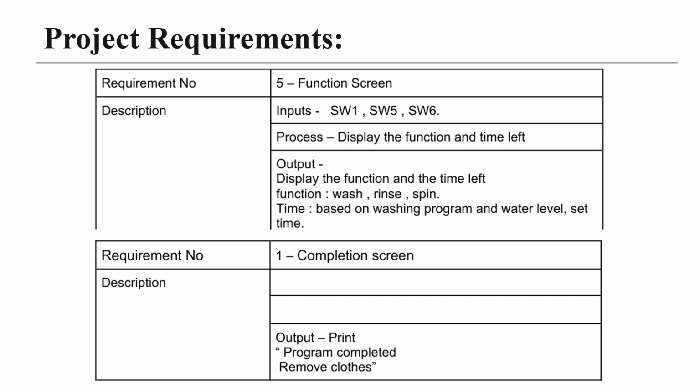Switch 6 will be used to stop the particular program. It will stop at whatever time and function it is, and switch 5 is used to restart the function. So it will restart from wherever it has stopped, at whatever time it has stopped.